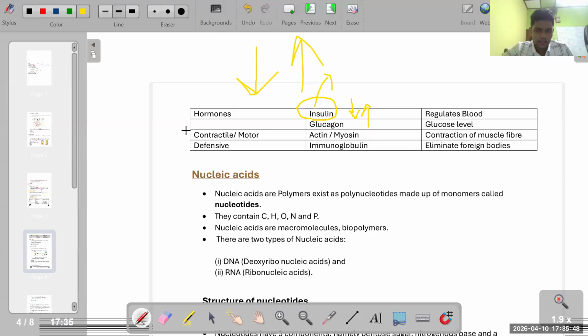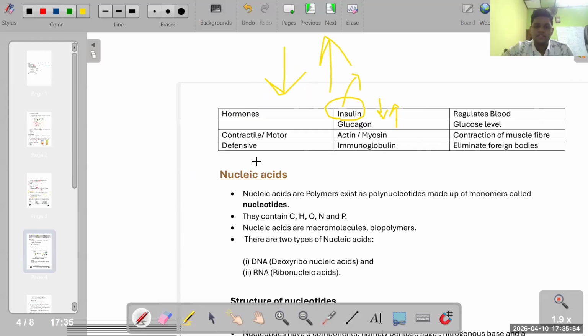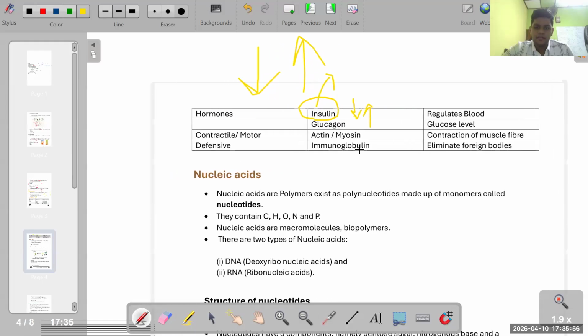Shall I move to the next part, the defensive part? Okay. Defensive nature. Example, immunoglobulin. Simply, they are called antibodies, right?